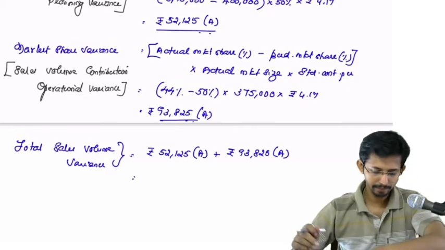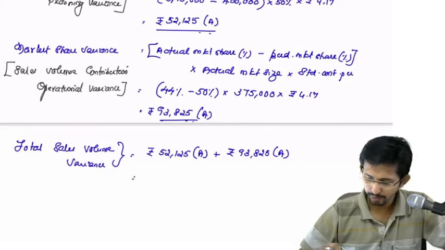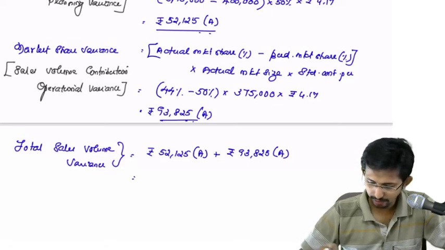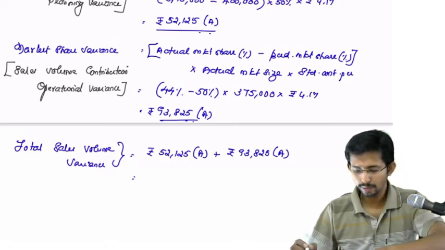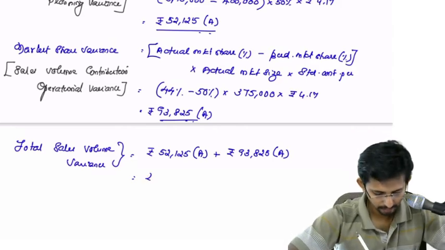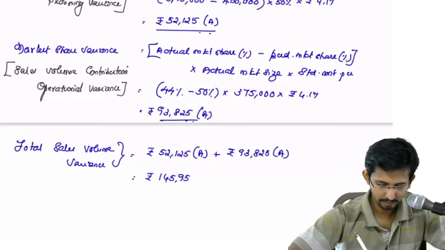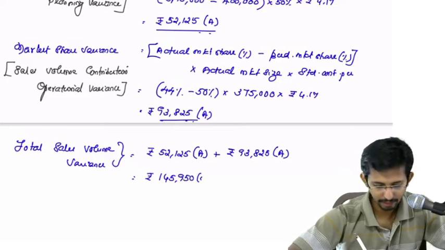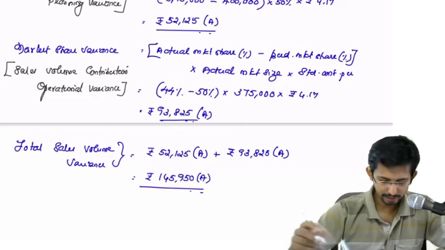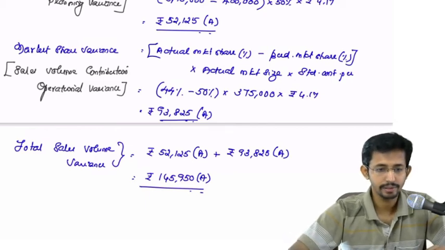So total will be 52,125 plus 93,825. That will give you 1,45,950 adverse. So that is the total sales volume variance.